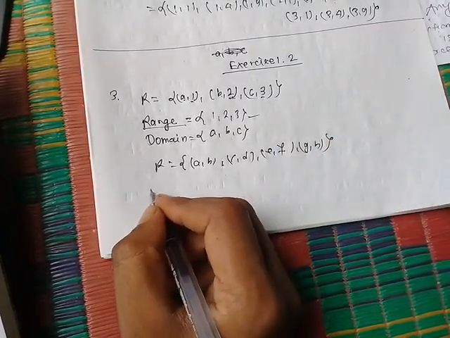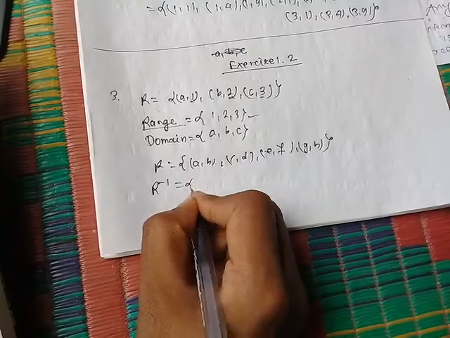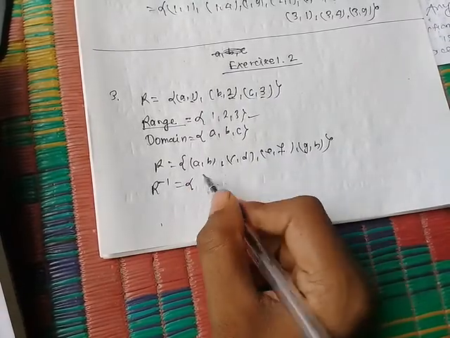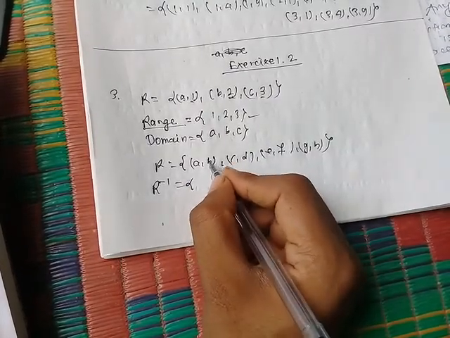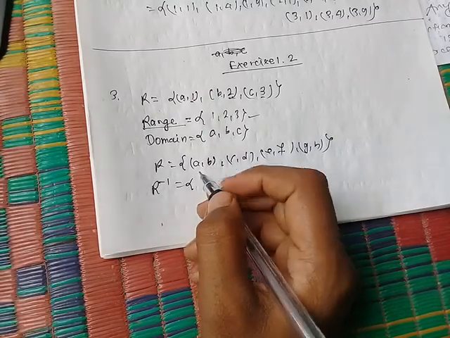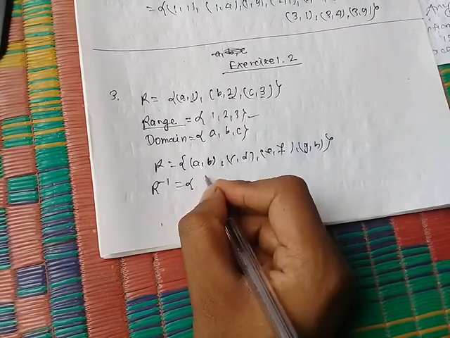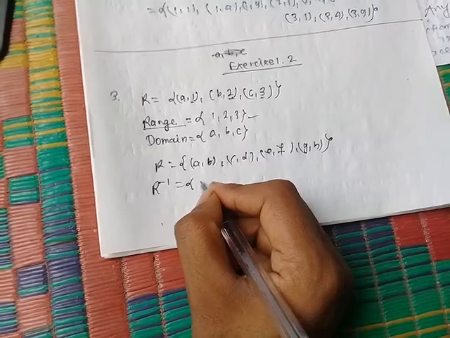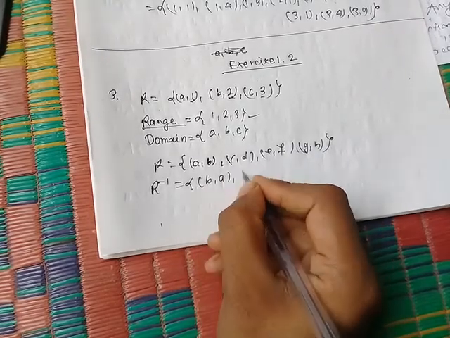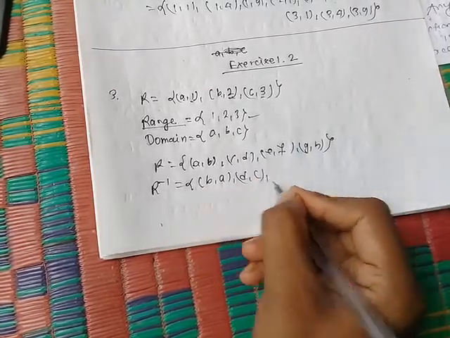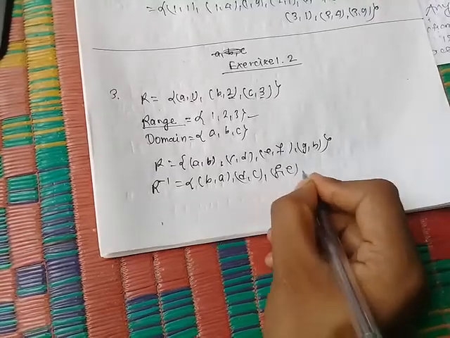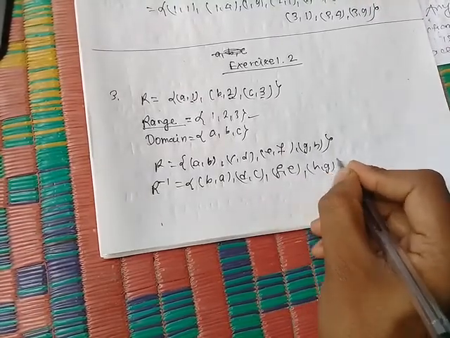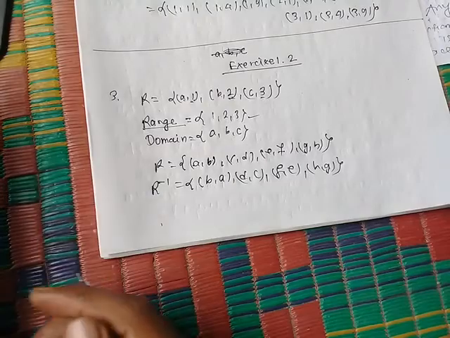R inverse is interchanging the components of x and y. So a is replaced by b and b is replaced by a. So (b,a), (d,c), (f,e), (h,g). In this way others can be found out easily.